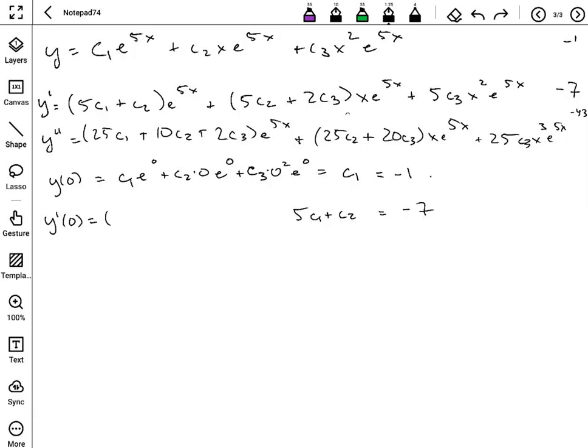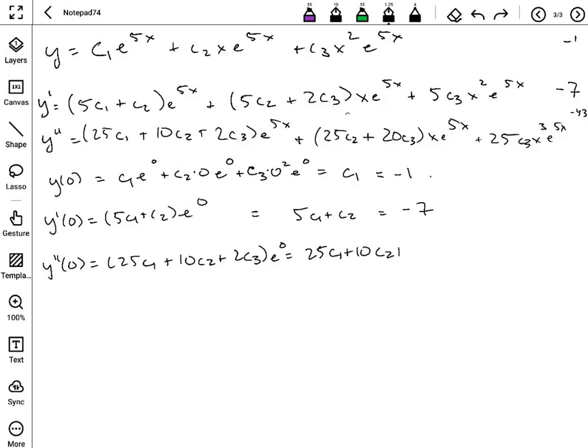I guess I'll write the whole thing because I have room. And then my y double prime of 0 is going to be, again, only our first term, 25c1 plus 10c2 plus 2c3 e to 0, which is just going to be the constants, 25c1 plus 10c2 plus 2c3, and that's equal to minus 43.